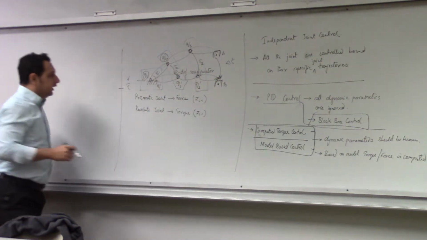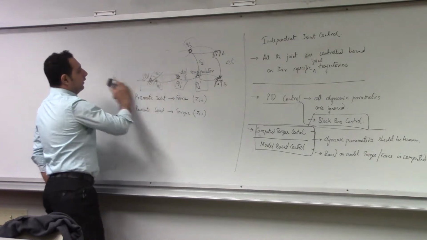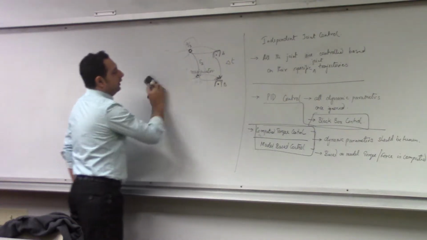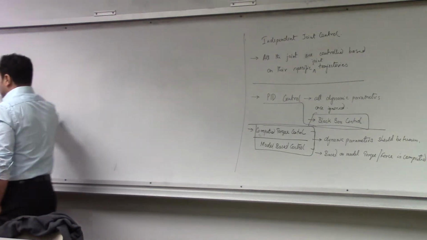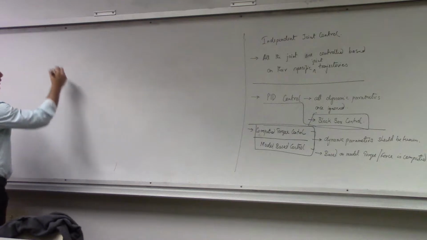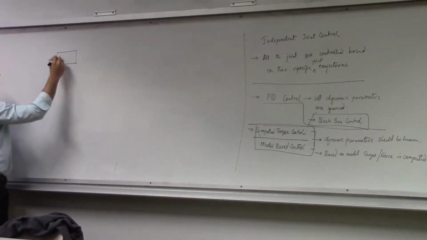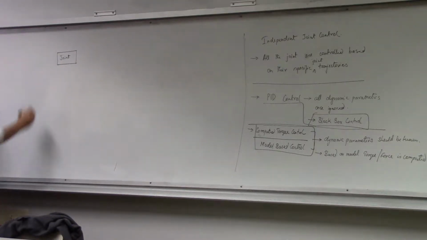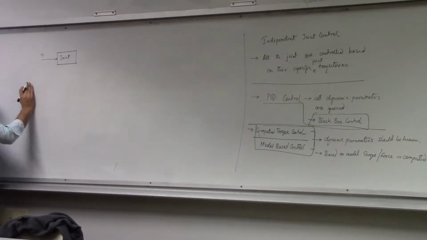Okay, so let's take an industrial arm and we'll see how black box control or a PID control works. So normally, let's take a single joint. When you have a joint like this, I can apply a torque or a force, right?